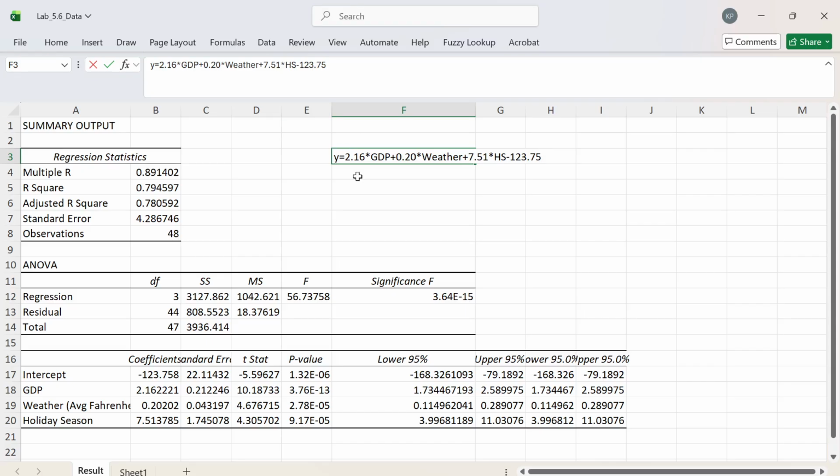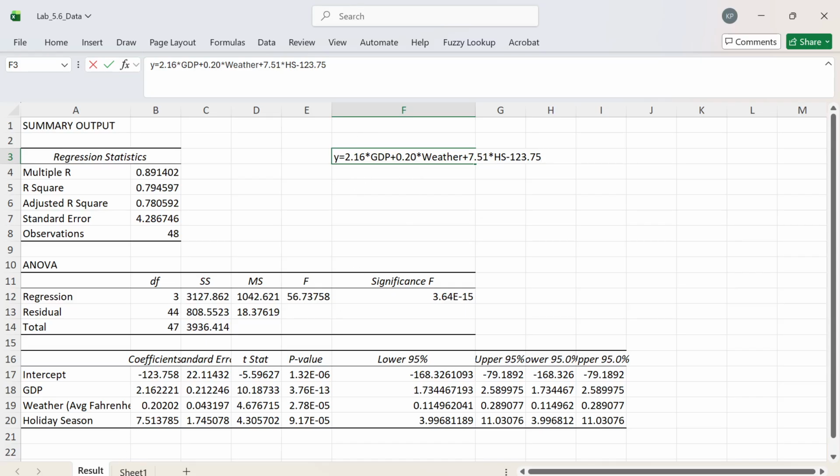I mentioned this is multiple linear regression. What is the final formula? You can see 2.16, I only use 2 decimals, times GDP is the first coefficient.